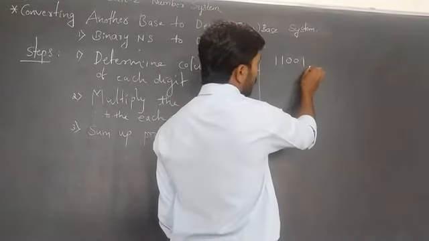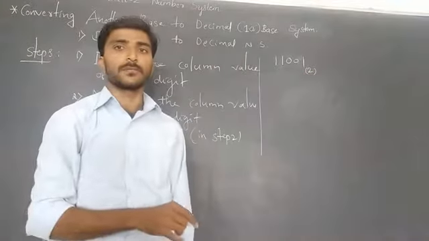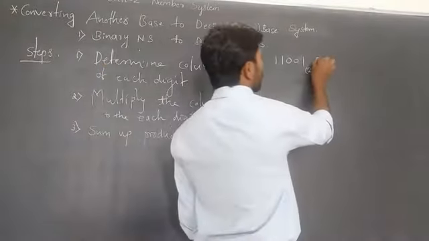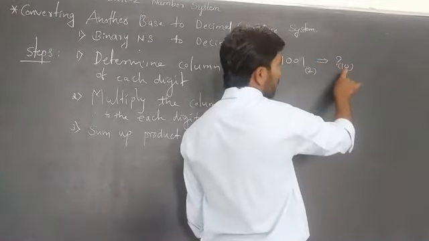This is a binary number system because I have written base 2. How to convert it to the decimal number system, that is base 10?